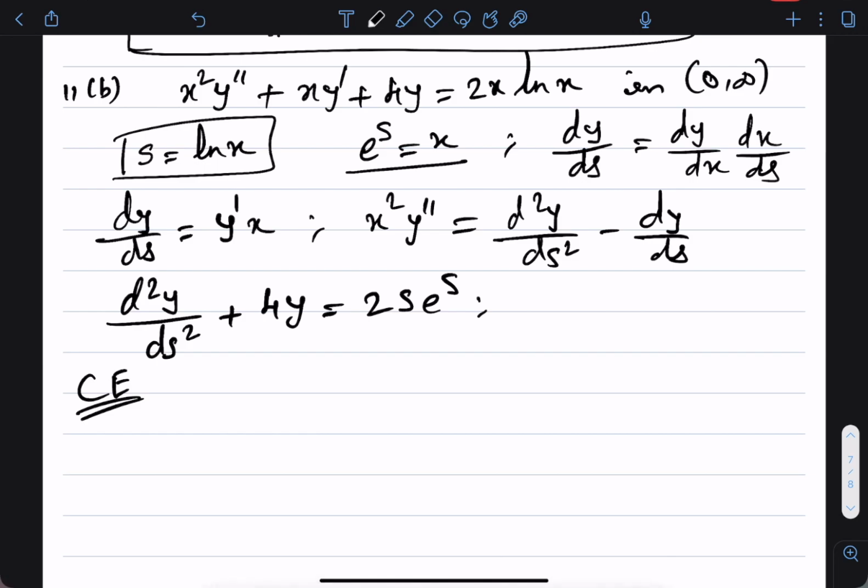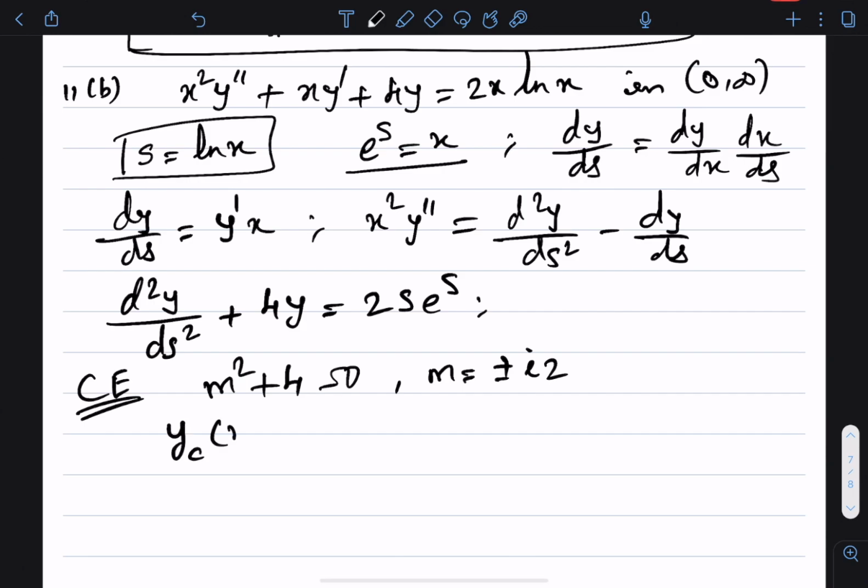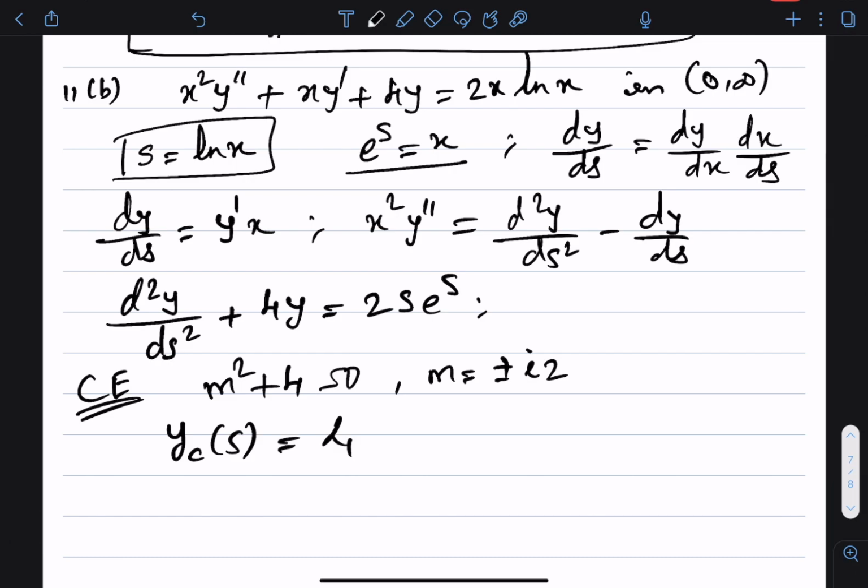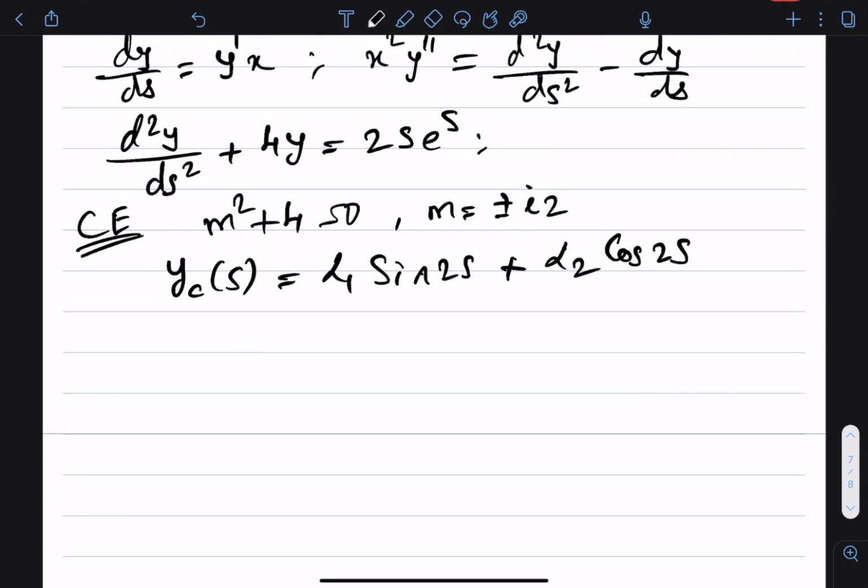So look at the characteristic equation of that, which will be m square plus 4 equal to 0. So the roots are plus or minus 2i, which means the complementary function, which is now a function of s, will be alpha 1 sine 2s plus alpha 2 cos 2s, right?